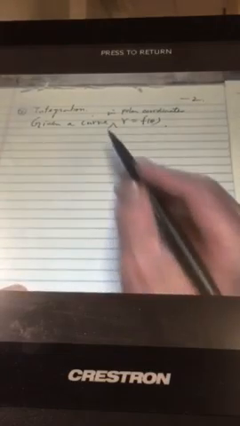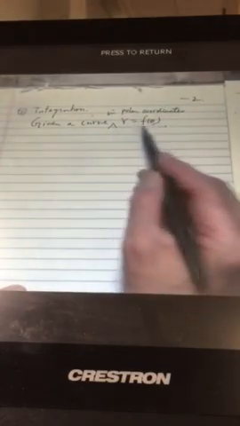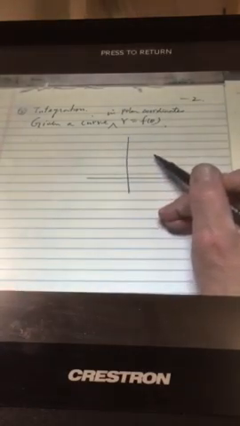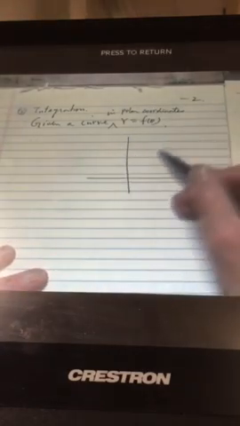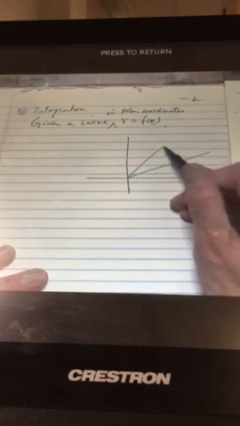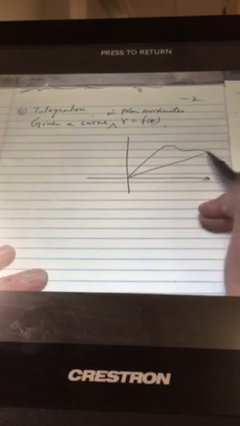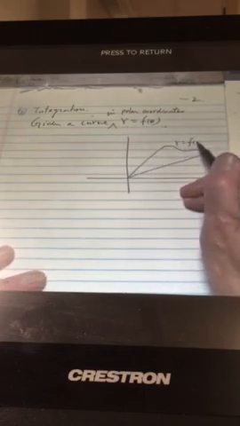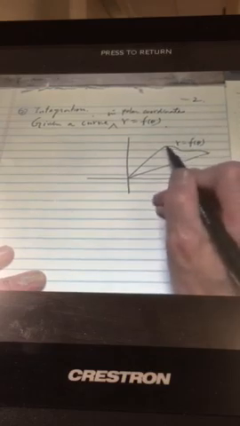Now if I draw this picture, this graph, say from here. This is r equal to f of theta, this curve.